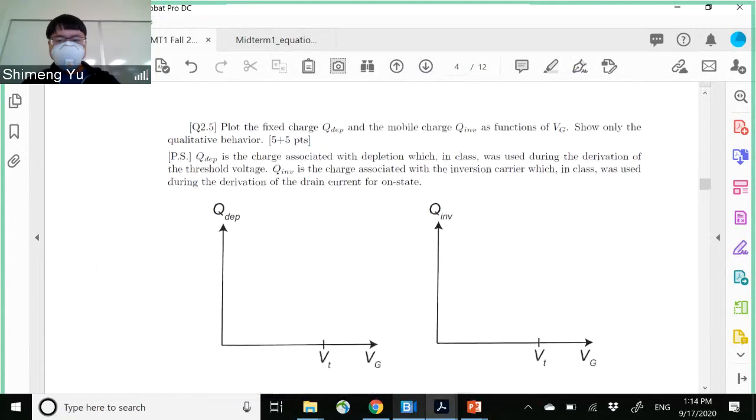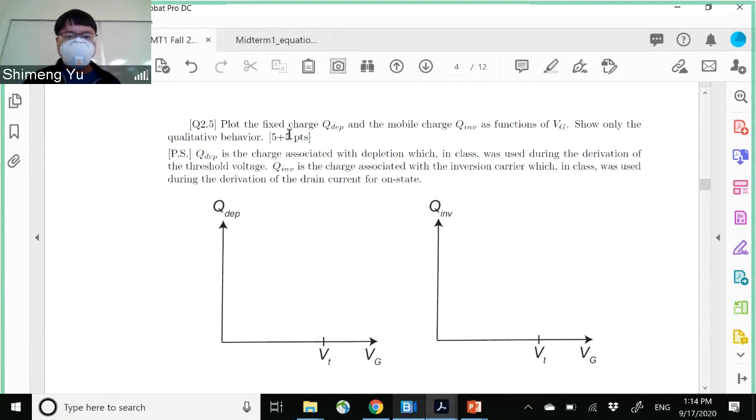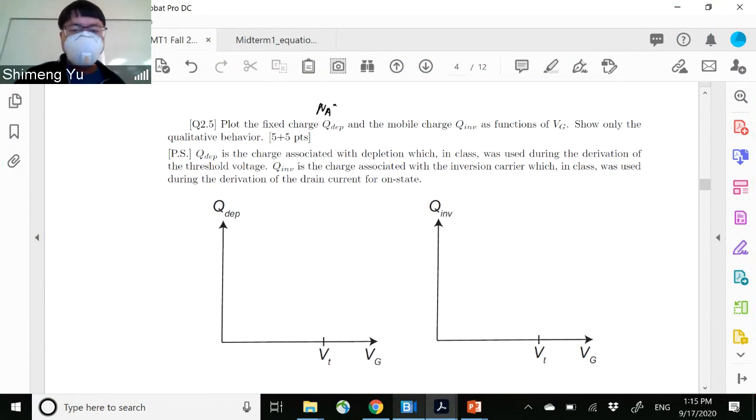So again, draw this plot to show the Q depletion and Q inversion. So this is a fixed charge. What contributes to this fixed charge? This is a donor. Sorry, this is acceptor Na minus. So when you deplete the surface, then the acceptor will show the negative charge on the nucleus of the acceptor.